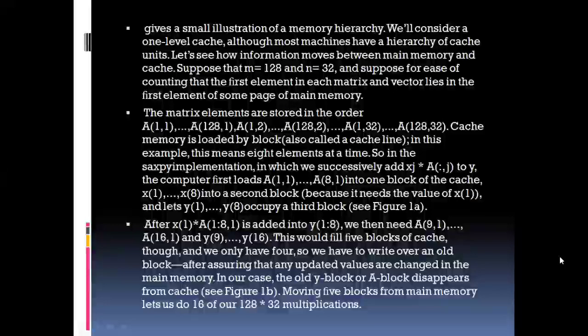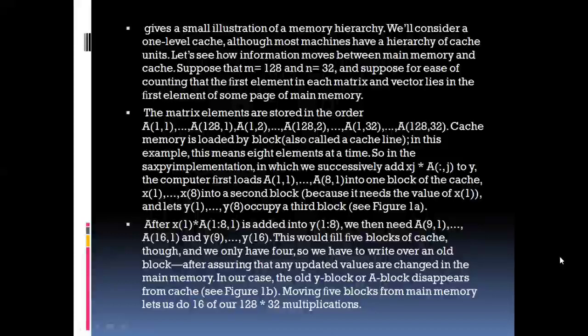So in the SAXPY implementation in which you successively add multiples of x to y, the computer first loads a(1,1) through a(8,1) into one block of the cache, x(1) through x(8) into a second block, and y(1) through y(8) occupies the third block. After x is added to y, we then need a(9,1) through a(16,1), and y(9) through y(16).